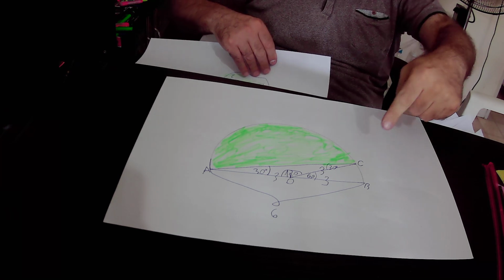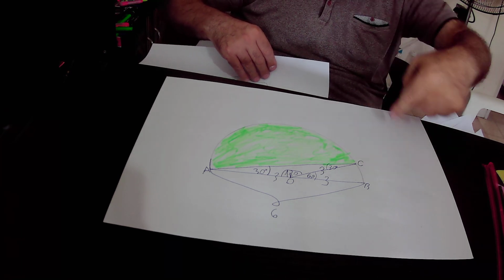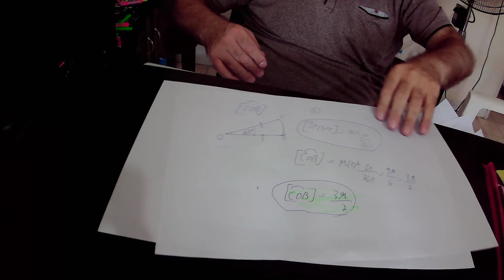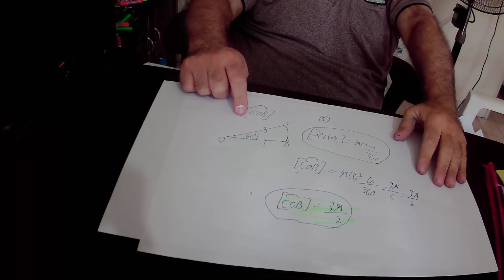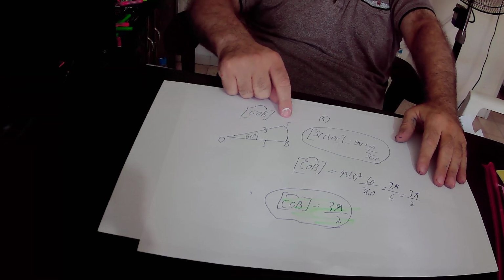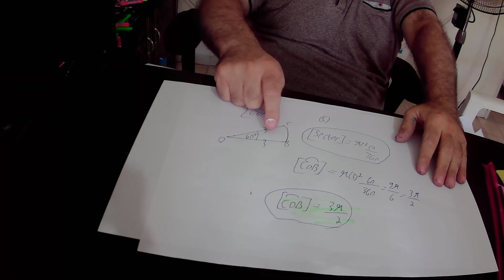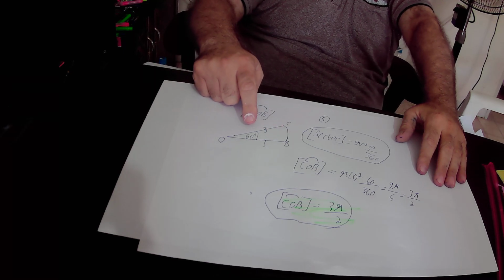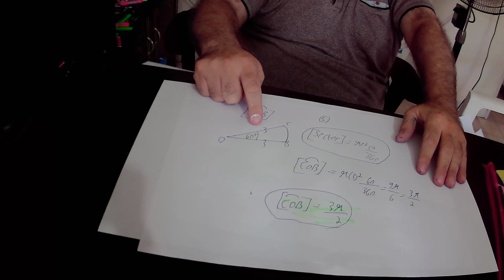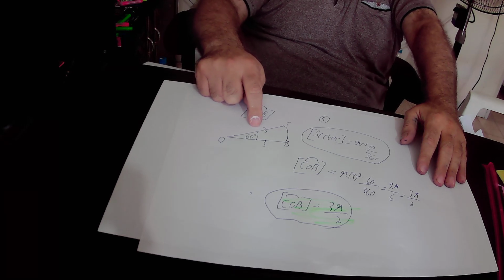So I copied sector COB onto a new page. This is sector COB that I copied to this page. CO equals 3, OB equals 3. They are both the radii of the semicircle, equal to 3 units.